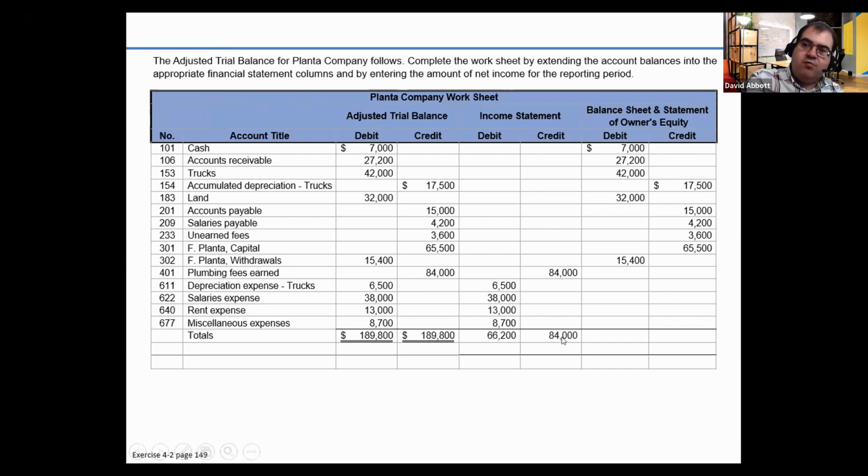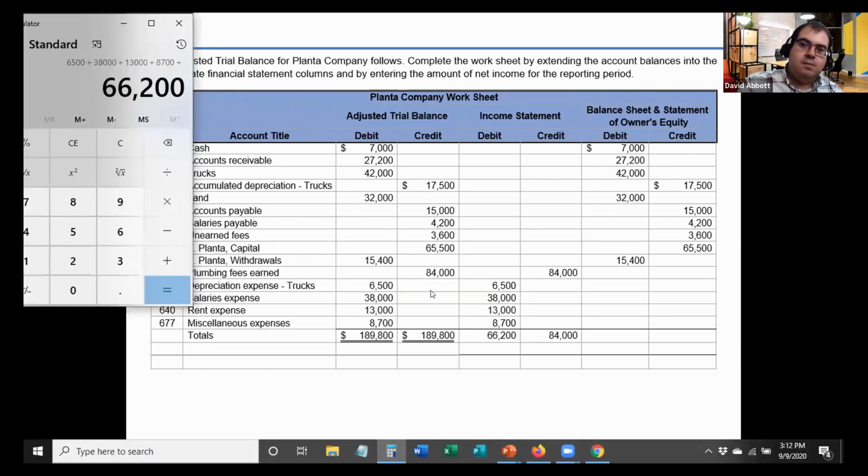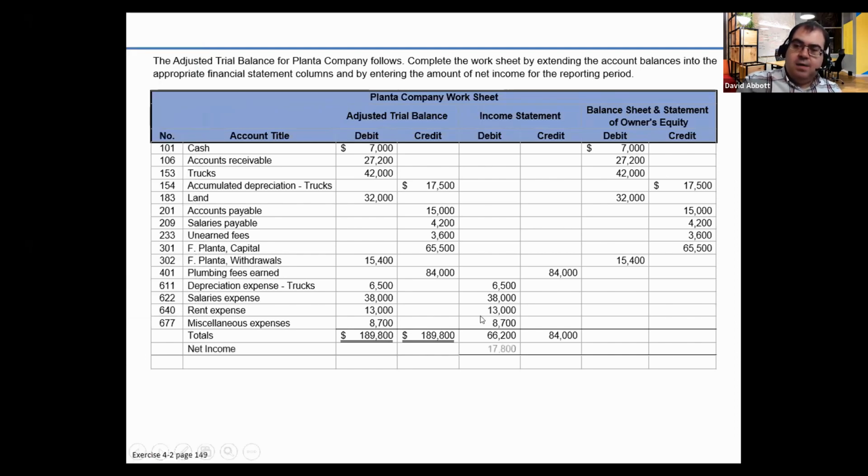So if we take our income, our revenue, minus the expenses, that gets us our net income, which in this case is 17,800.